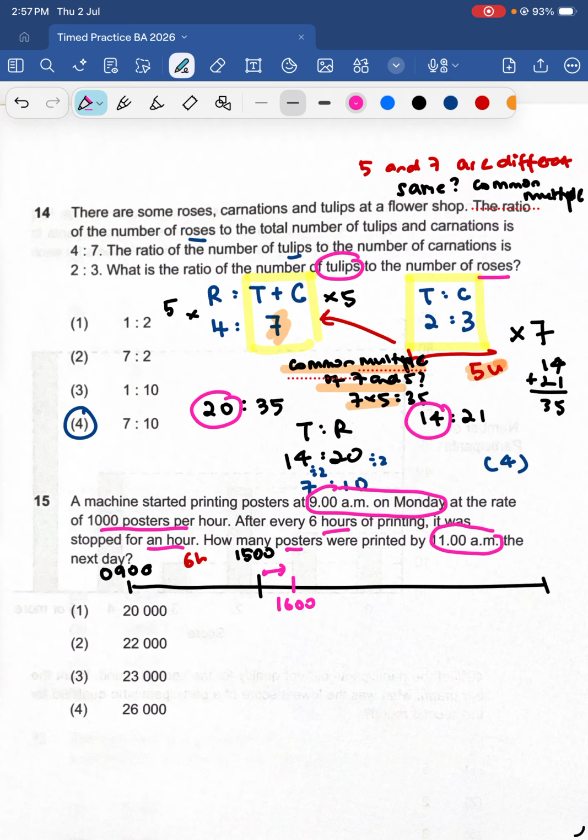Then I count again 6 hours later: 17, 18, 19, 20, 21, 22. So at 2200 hours is also 6 hours later. Then you have a 1 hour break to 2300 hours.